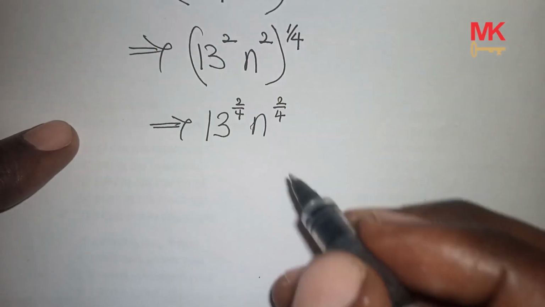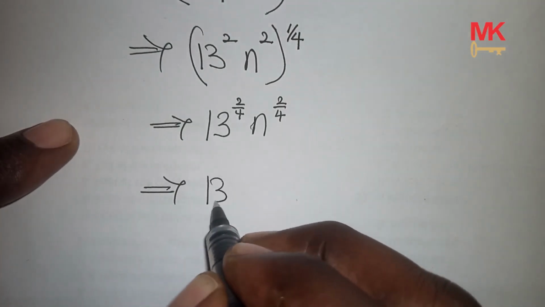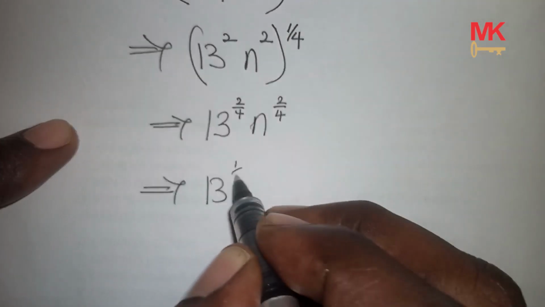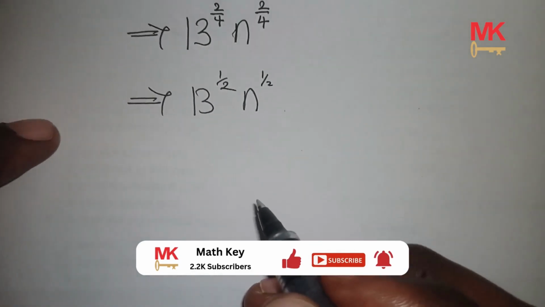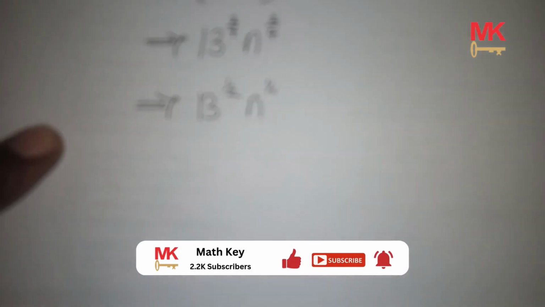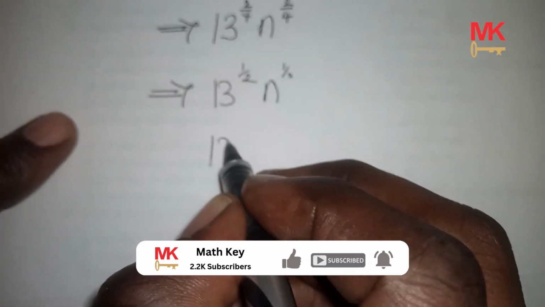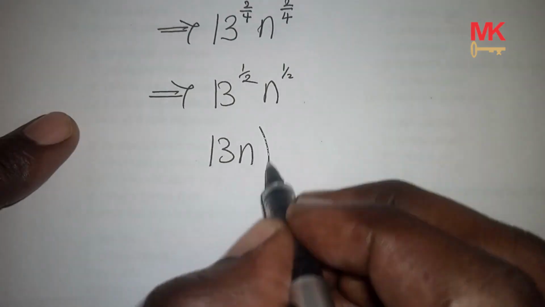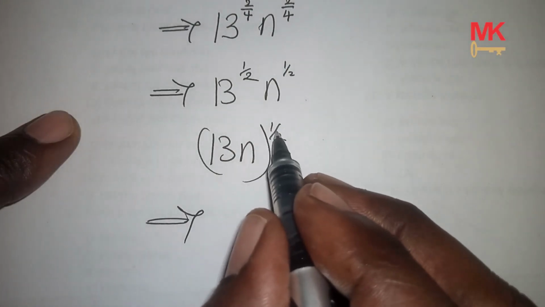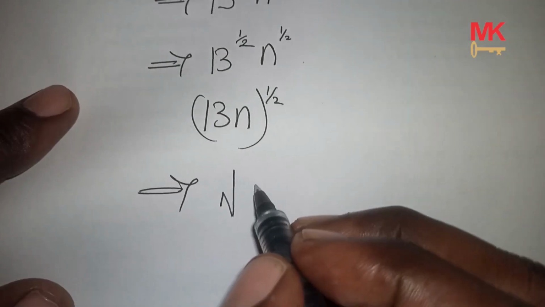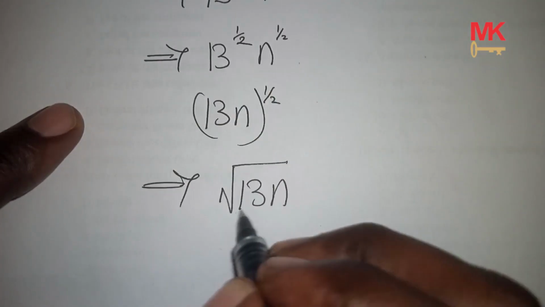And that means 13 raised to power 1 over 2 and n raised to power 1 over 2, which can now be written again as 13n raised to power 1 over 2, which now finally implies we change it back to square root to give us root 13n. So this is our final answer.